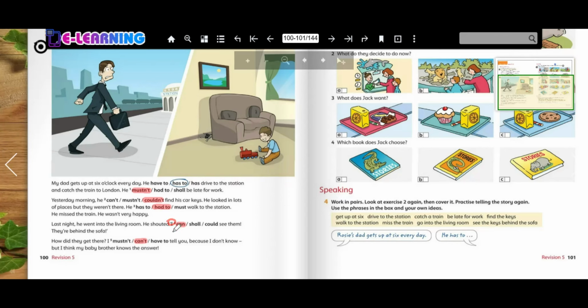So with the saying, we need to use the present. So that's why we use can. And same with number 5. "I can't tell you because I don't know." See that? I don't know. Present simple. That's why we use can't.